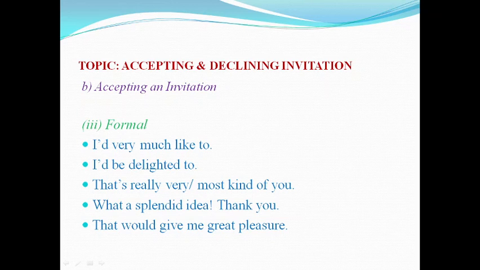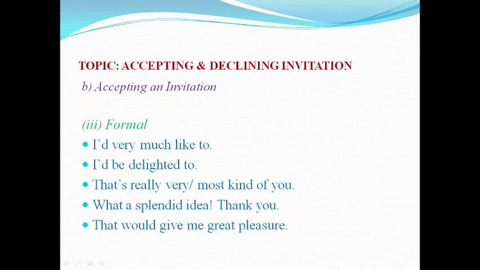or our office colleagues, or friends in our working place, or friends from our college. In different contexts we can use formal sentences. Formal sentences are used especially looking at the person who is inviting you.